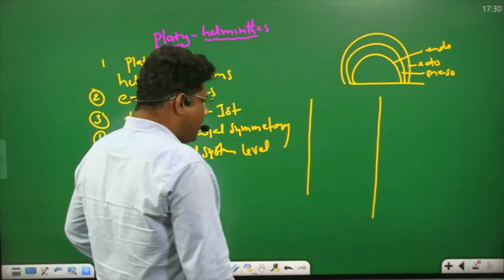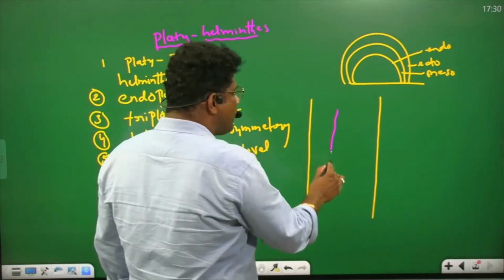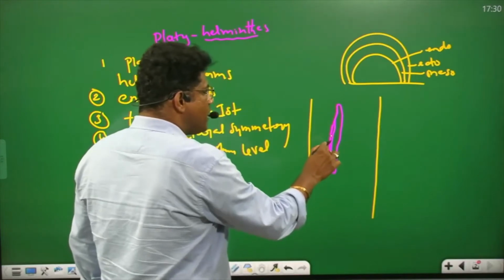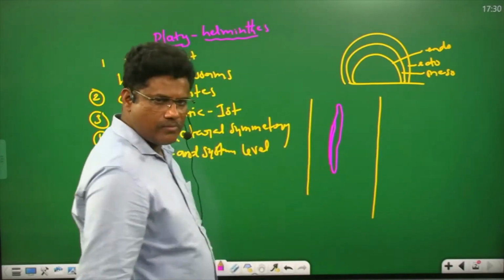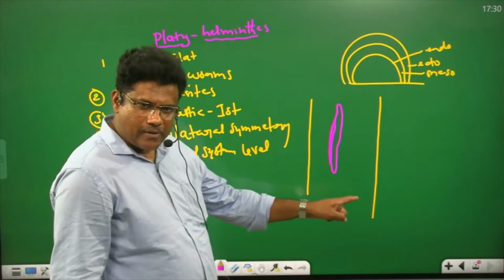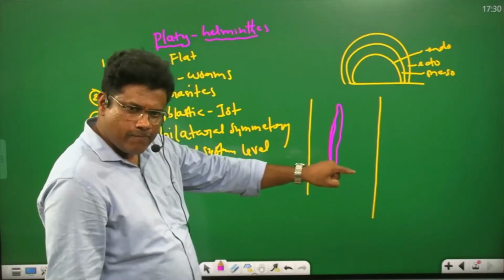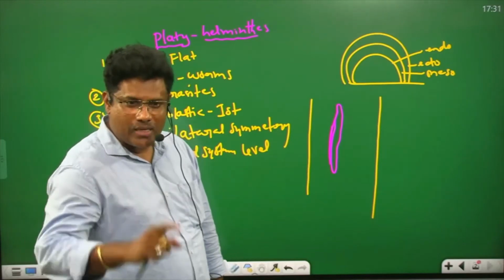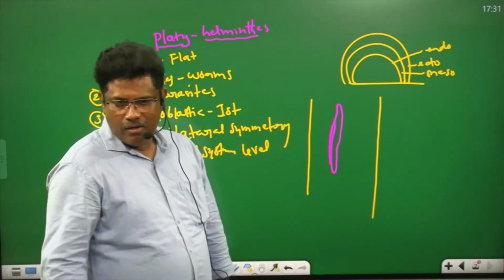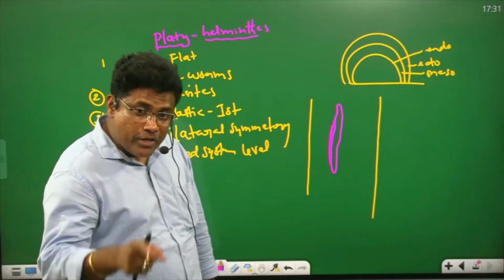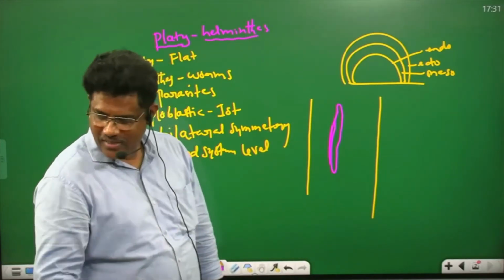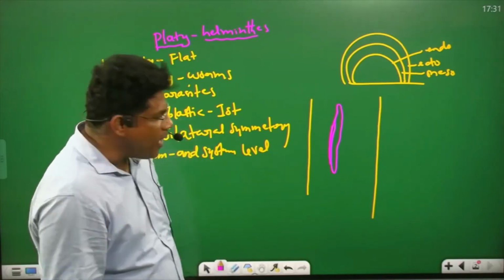That parasite lives in the human alimentary canal. This is the parasite. In the human gut, parasite is there. In the parasite, no gut. The parasite lives in the human gut, but in the parasite, no gut. Any doubts?